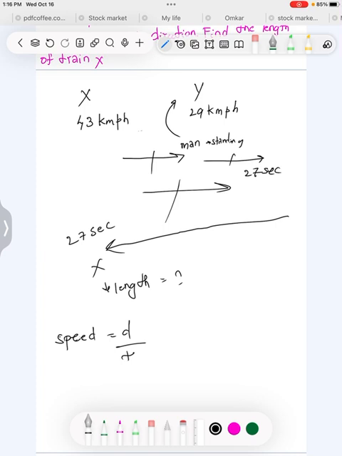Here you can see clearly that it is in per hour, it is in seconds. The options are also in meters, so you have to convert this to meters per second. Okay, just convert it. So how to do it? 43 into, we are making it into a small unit, so the number will increase, right?